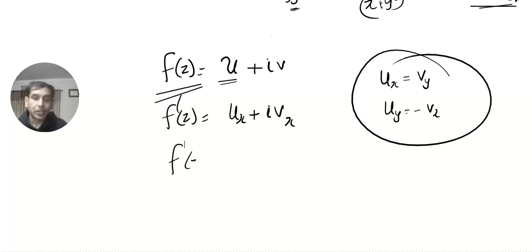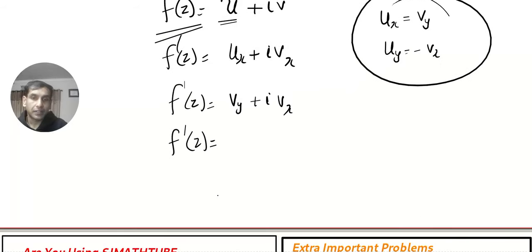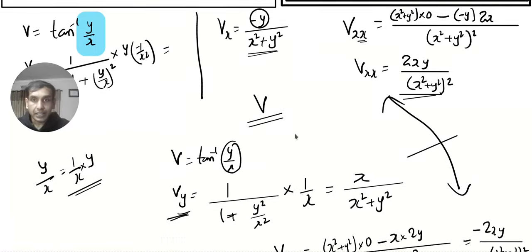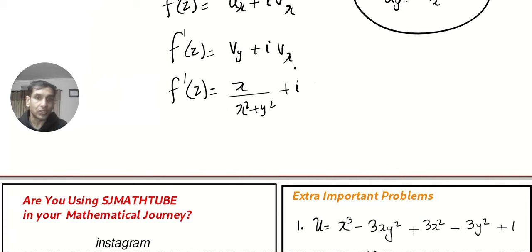So the derivative goes like vy plus ivx. What was vy? x divided by x square plus y square, plus i times vx, which is minus y divided by x square plus y square.